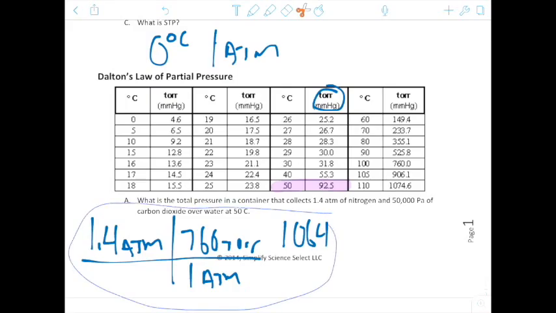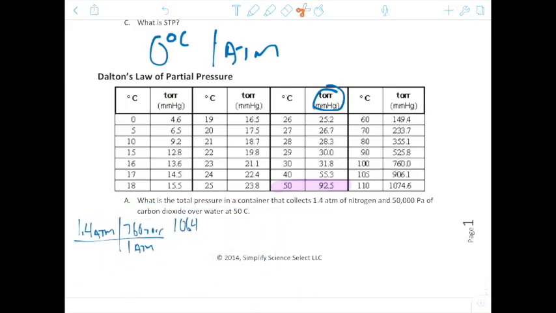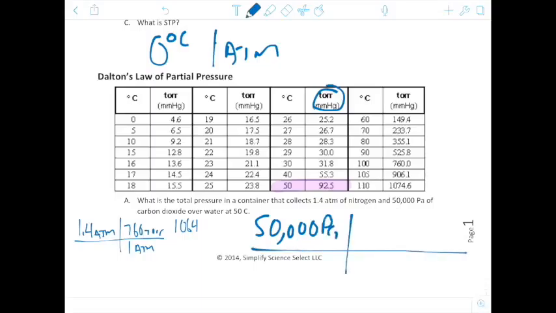Then we would take our 50,000 pascals, and there is 101,325 pascals in 760 torr.